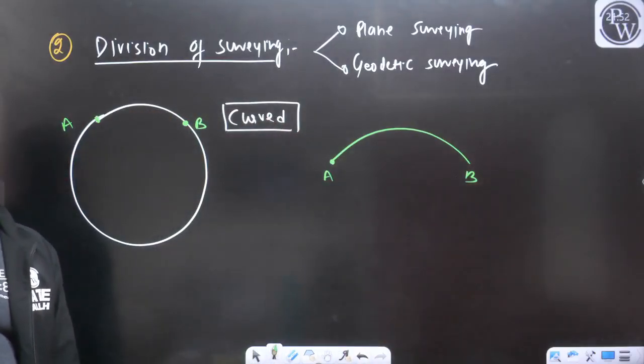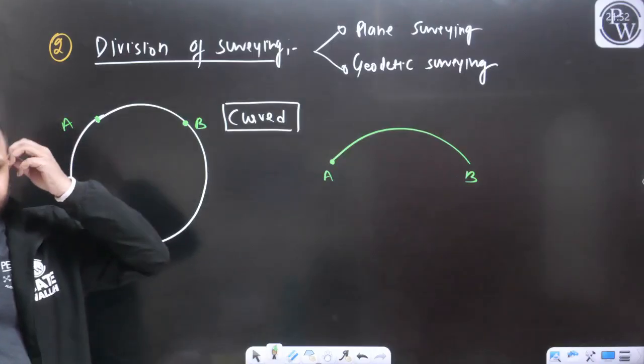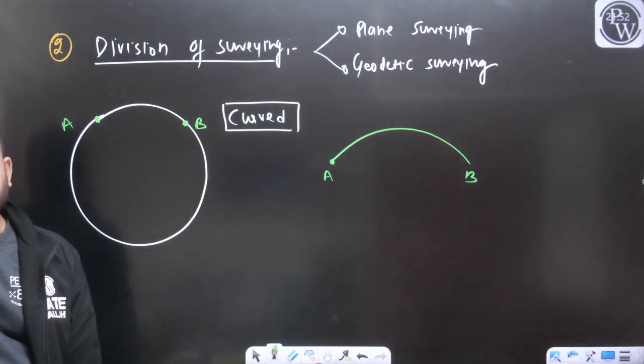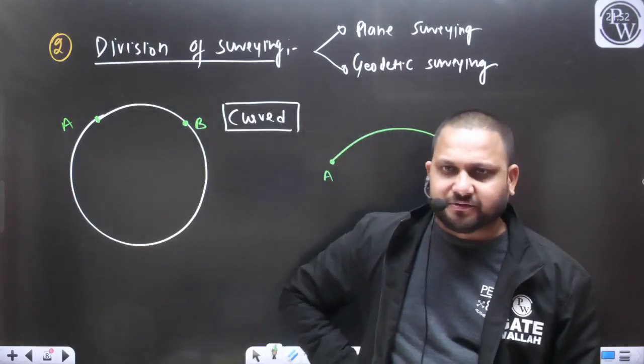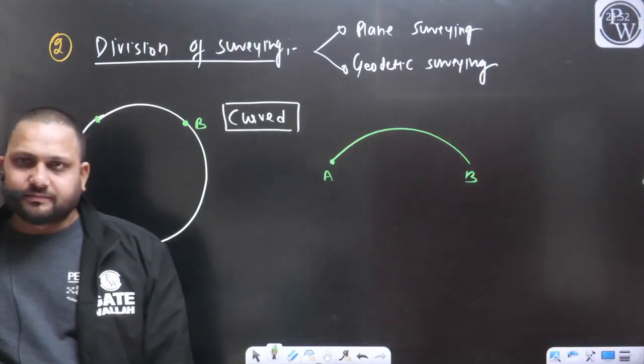In actual, it is the actual distance between A and B, and if you want to measure it, you have to measure along the curve, because there is a curvature on the earth's surface.